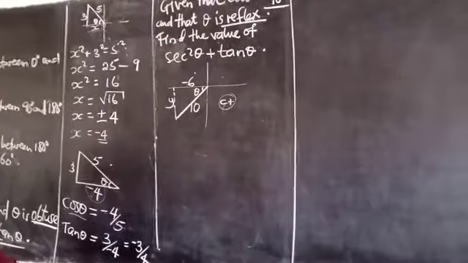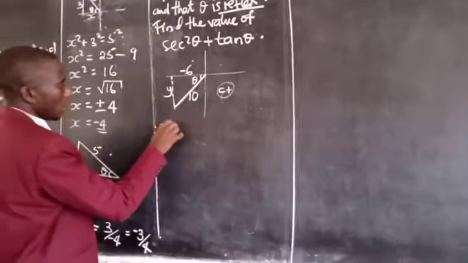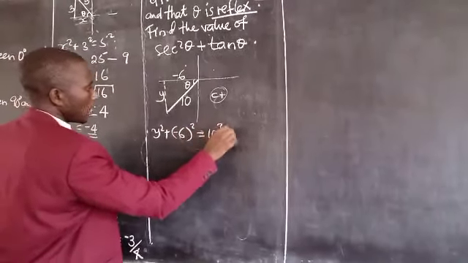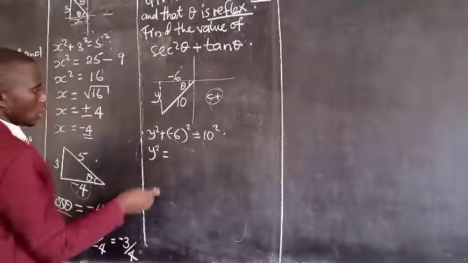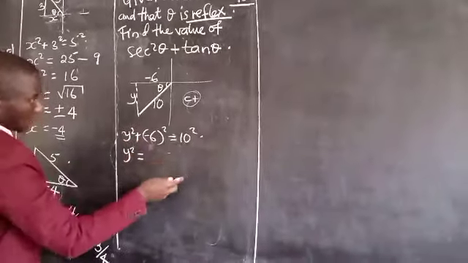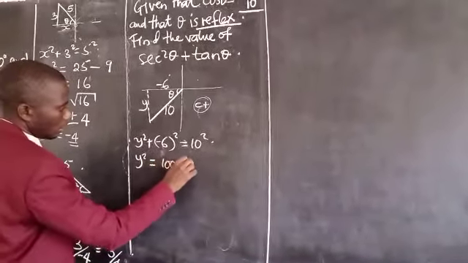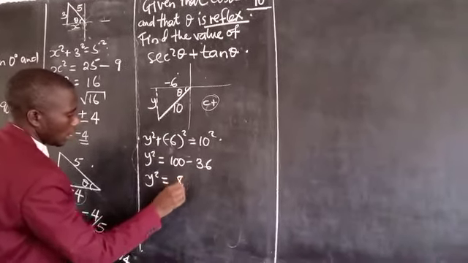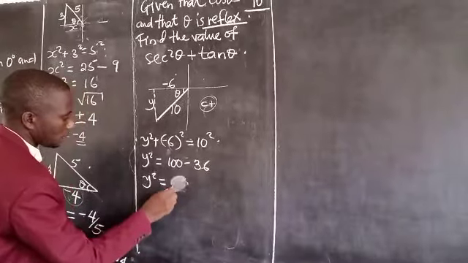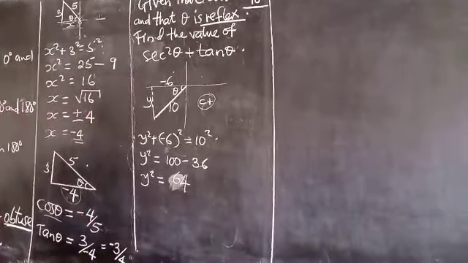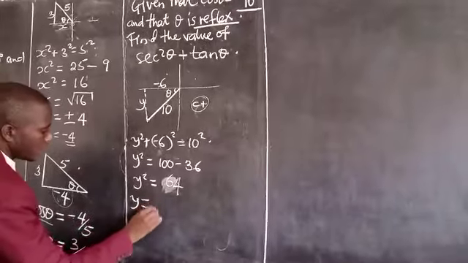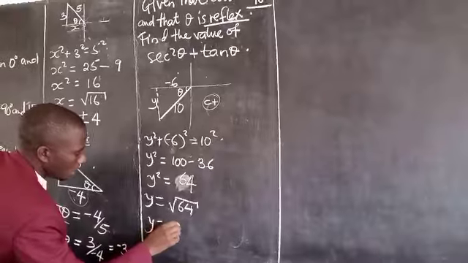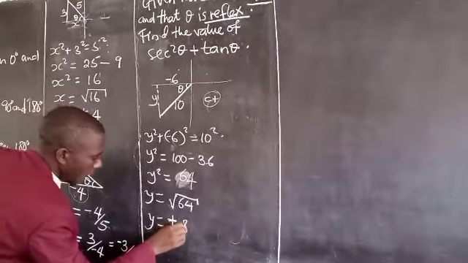Use the same Pythagoras theorem. y squared plus negative 6 squared equals 10 squared. y squared equals 100 minus 36, and y squared is 64. So what is y? y is the square root of 64, and y equals plus or minus 8.